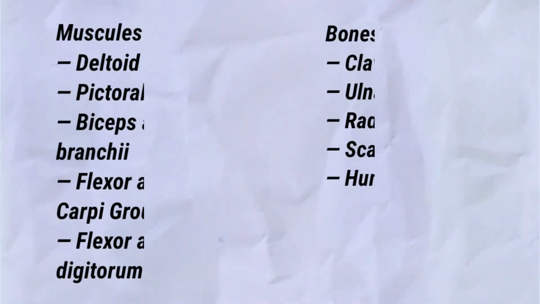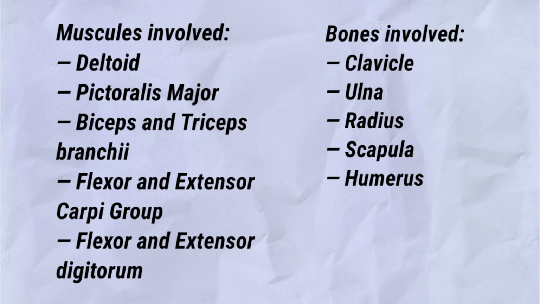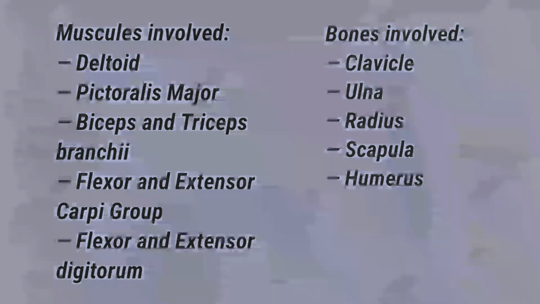The muscles involved are deltoid, pectoralis major, biceps and triceps brachii, flexor and extensor carpi group, and flexor and extensor digitorum, while the bones involved are clavicle, ulna, radius, scapula, and humerus.